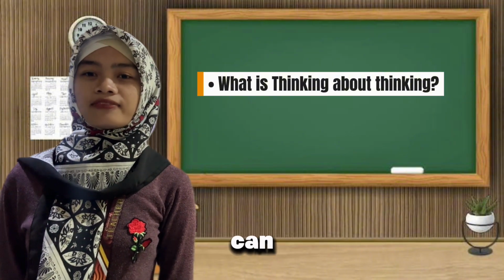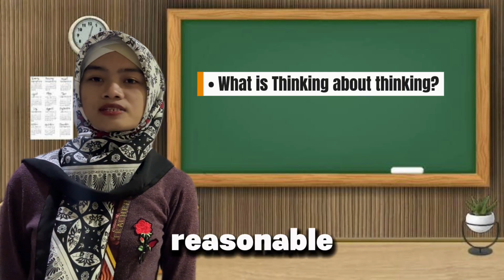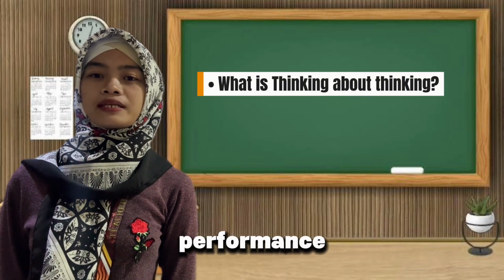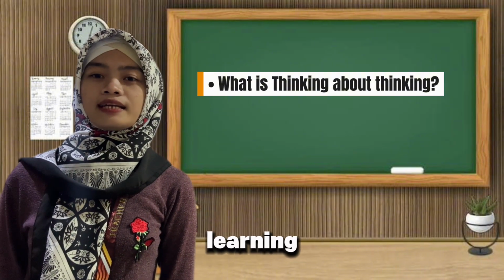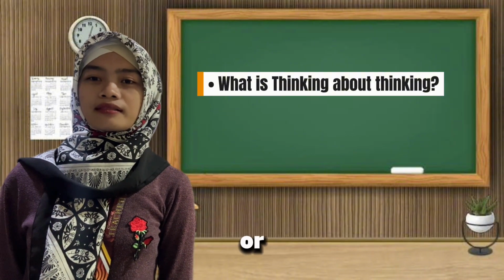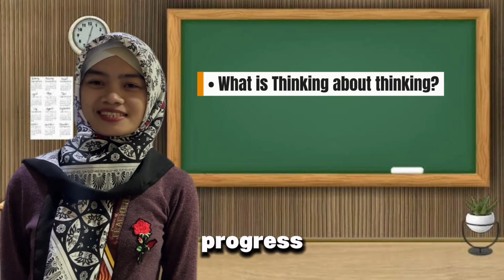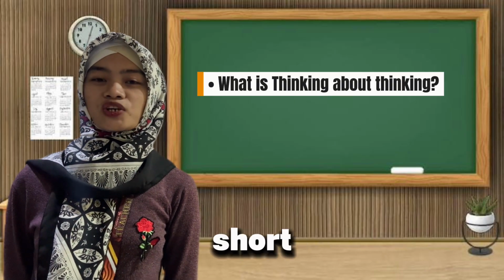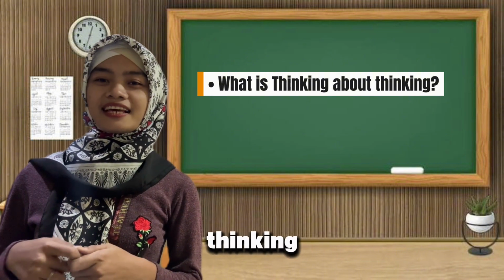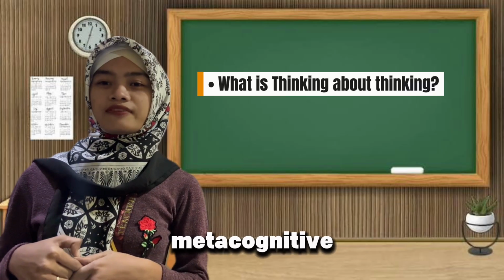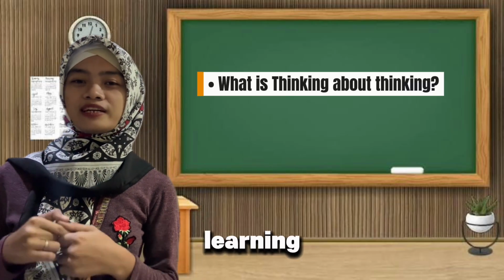Successful learners can reflect on how they think and learn, set reasonable learning or performance goals, select potentially appropriate learning strategies or methods, and monitor their progress toward these goals. In short, thinking about thinking, or metacognition, helps students manage and improve their own learning.